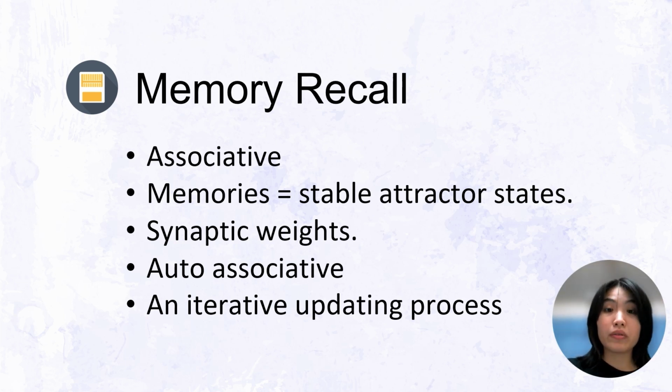And the retrieval process is achieved by iteratively updating the network states. Previously, I had mentioned the synaptic weights in the energy function formula, and here we will use the synaptic weights between the neurons in the network to enable the recognition and completion of the partial inputs.